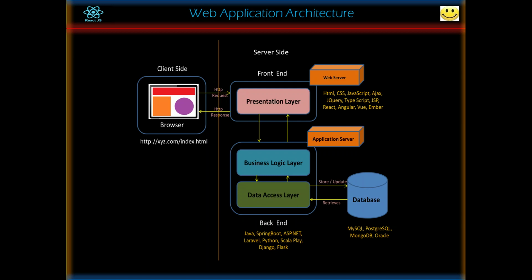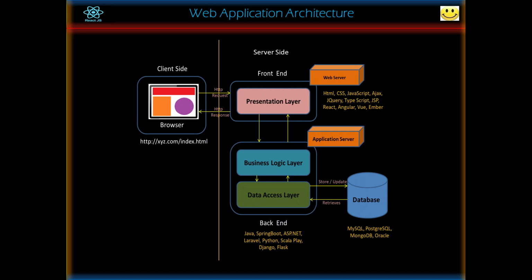This server side has a front end and a back end. The front end contains the presentation layer. This presentation layer is developed using HTML, CSS, JavaScript, Ajax, jQuery, TypeScript, JSP, React, Angular, Vue.js, or Ember.js.